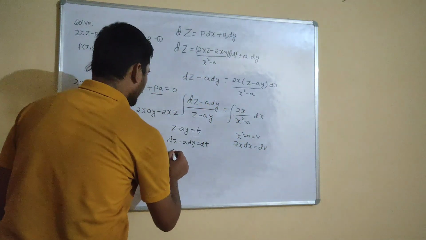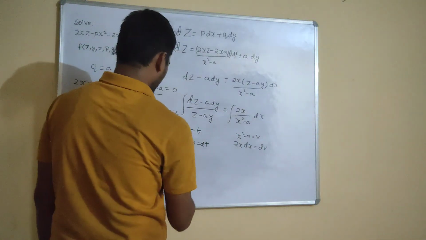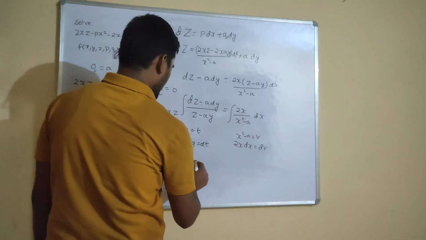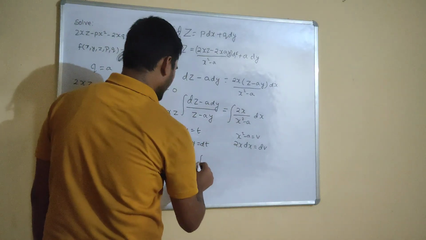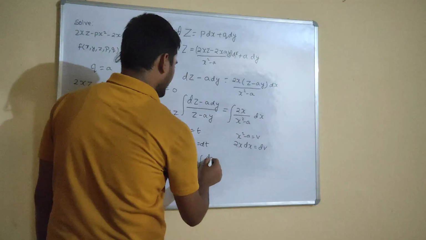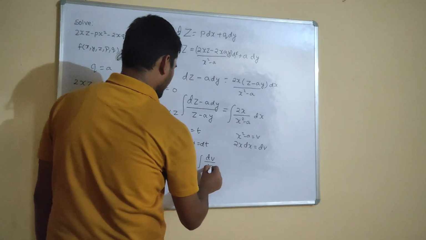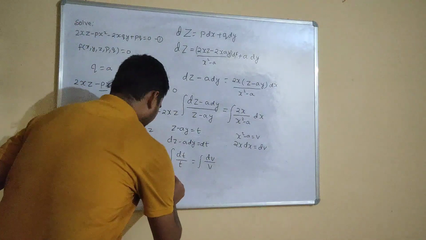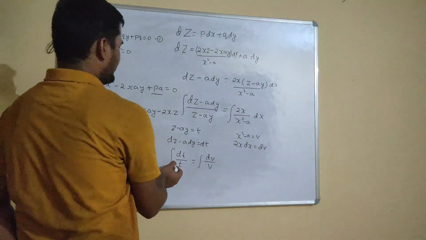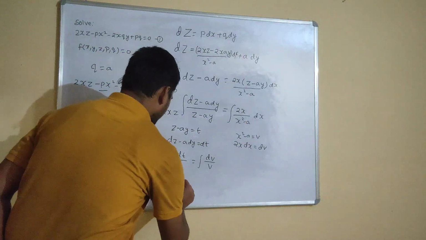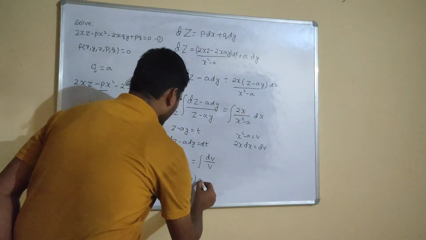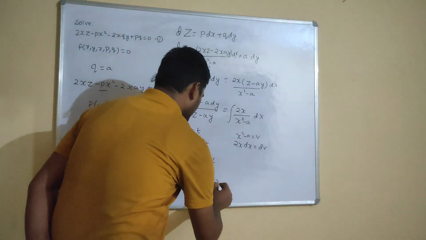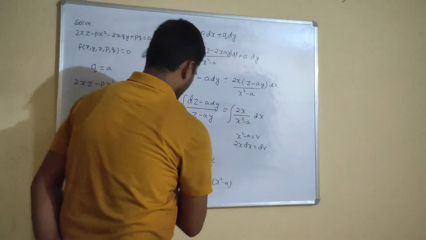So here I got integral of dt divided by t equals to, from here I get integral of dv divided by v. So from here I get ln t. What is my t? t is z minus ay. From here I get ln v. What is my v? That is x square minus a.